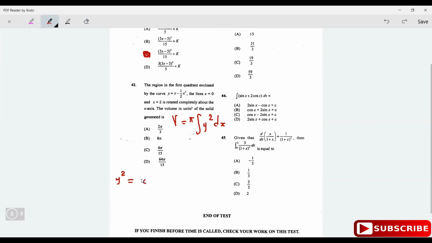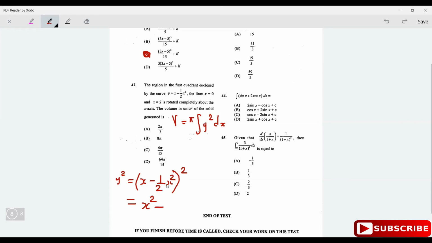So square this: x minus a half x squared, and we're squaring all of this. When you square it, you get the first term squared, which becomes x squared, minus twice the product of the two. And if you don't know how to expand this way, you can write it as x minus a half x squared times x minus a half x squared. All we're doing is expanding this bracket.